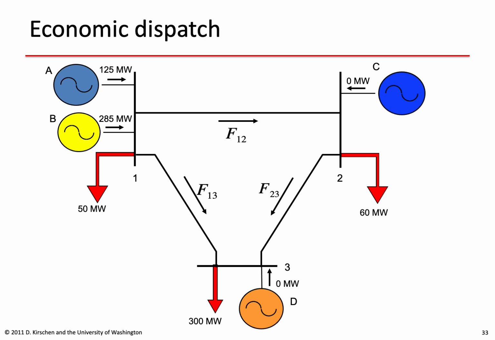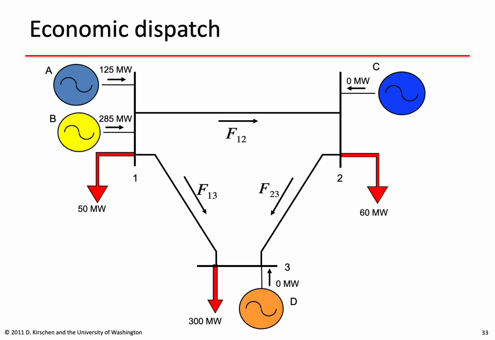How would this work in a market? Well, let's suppose that this market is perfectly competitive, that all generators submit bids equal to their marginal cost of production. The total load is assumed constant and is 410 megawatts.